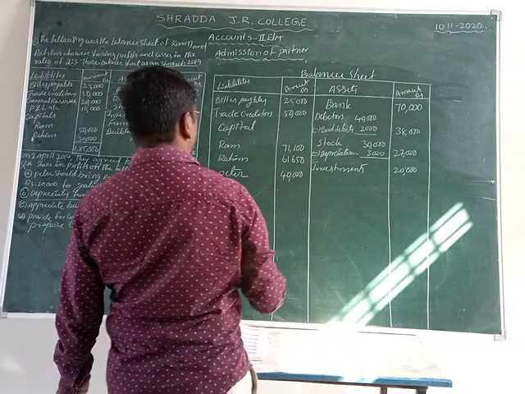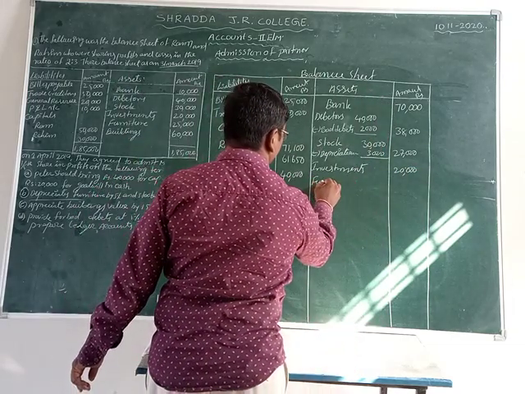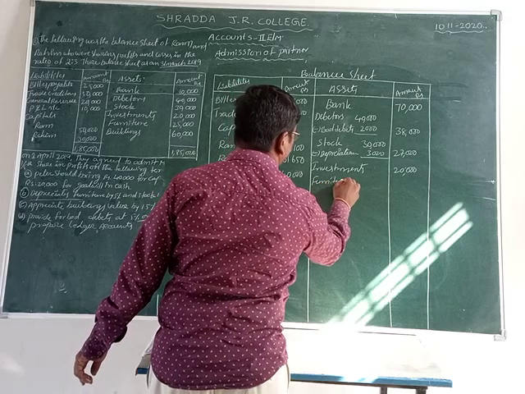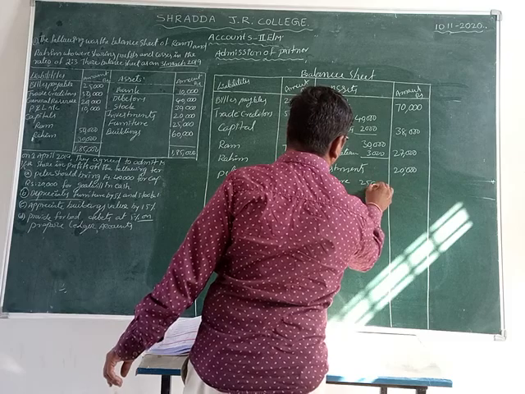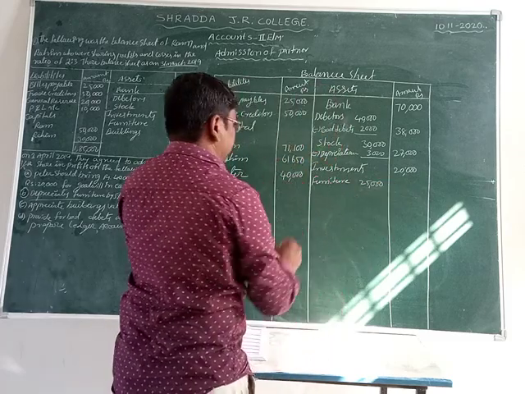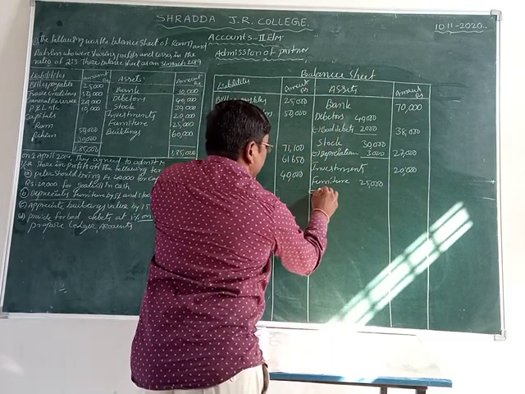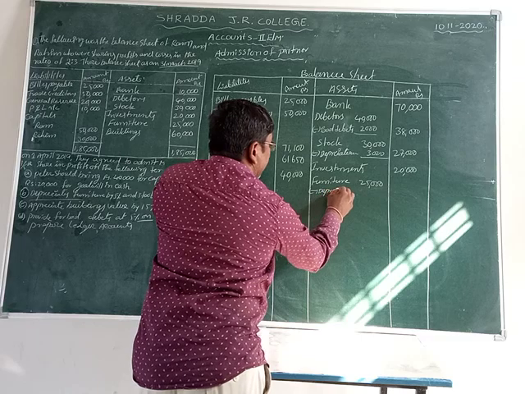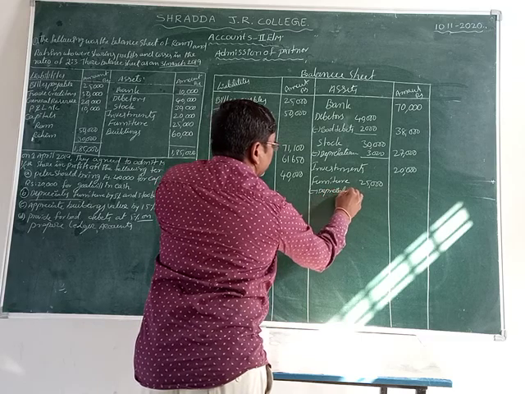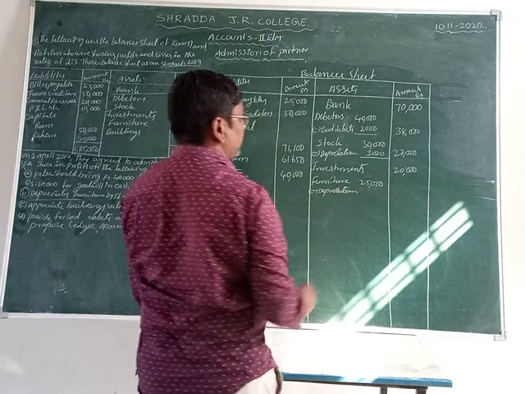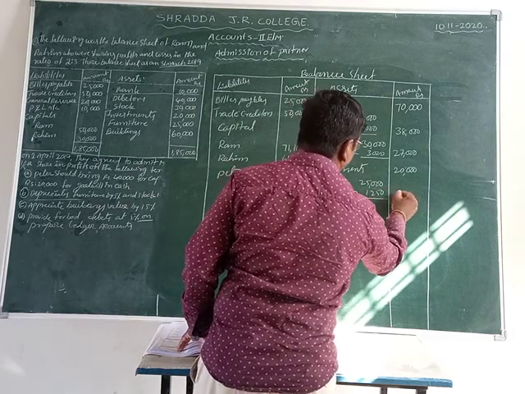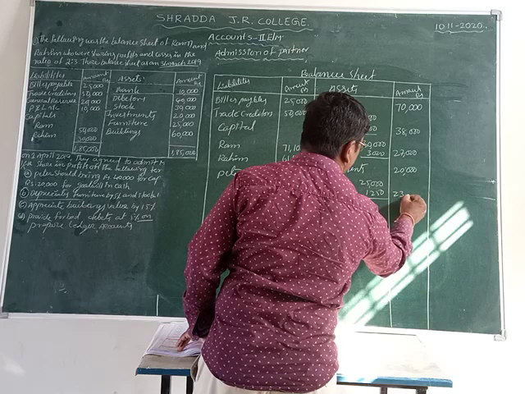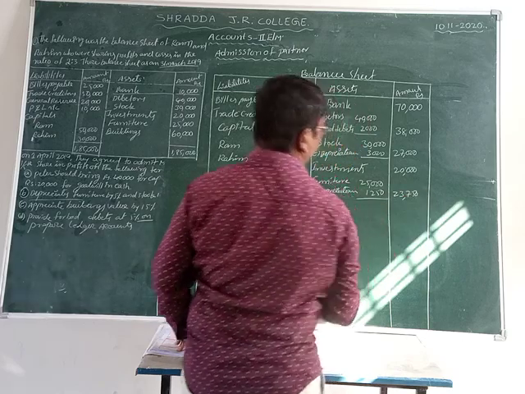Next one, furniture. The value is 25,000. They have also depreciation. That's why minus depreciation. How much amount of depreciation? 1,250. Remaining 23,750.